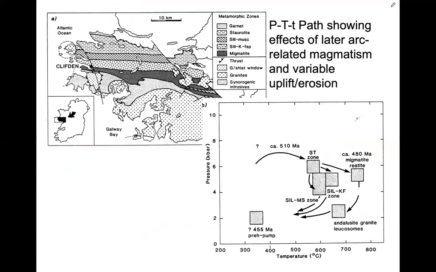So some examples we can see, from maybe, where is this? Atlantic Ocean. I can't exactly find it. Anyway, it doesn't matter. You have some terrain, right? From this terrain some analysis has been taken, and this shows the effects of late arc related magmatism.